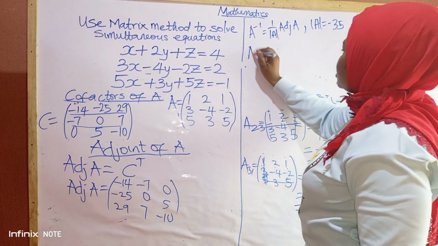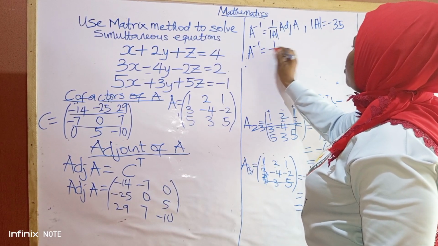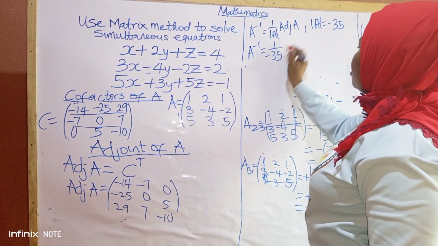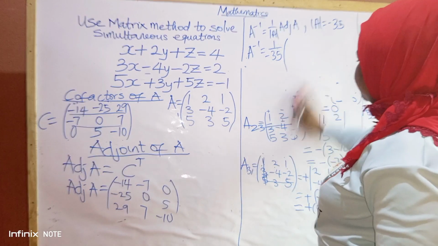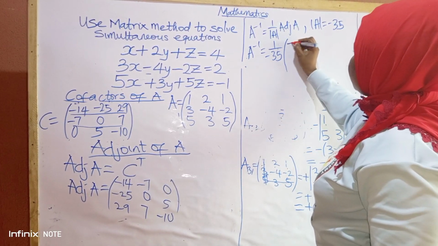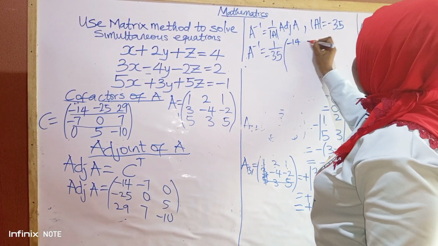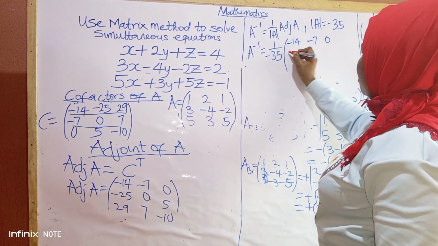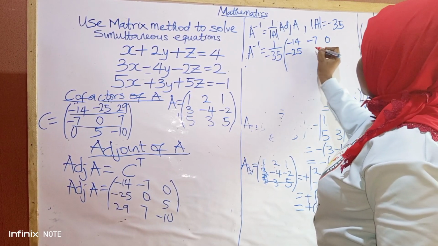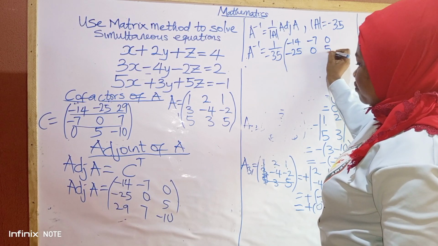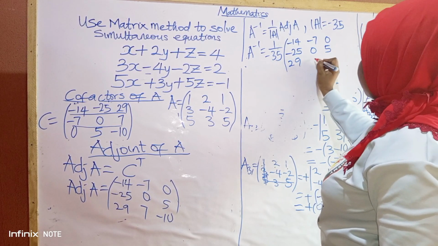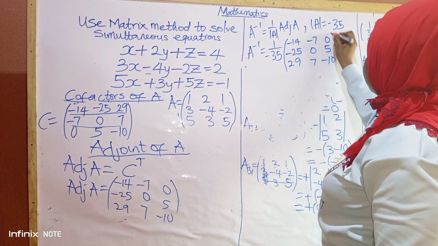So A inverse will now be equal to 1 over minus 35 multiplied by minus 14, minus 7, 0, minus 2, 5, 0, 5, 29, 7, minus 10.